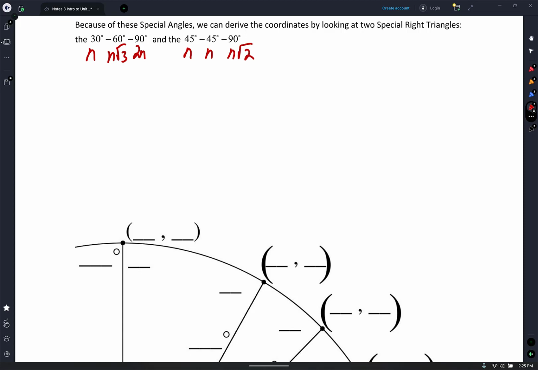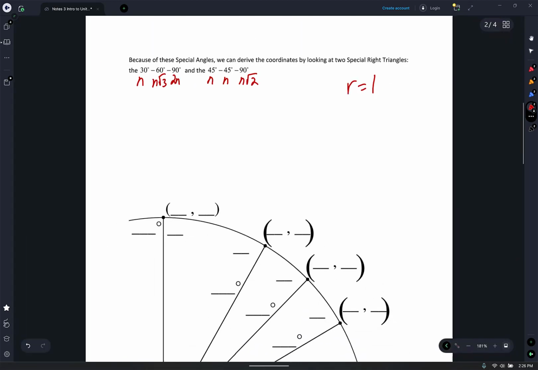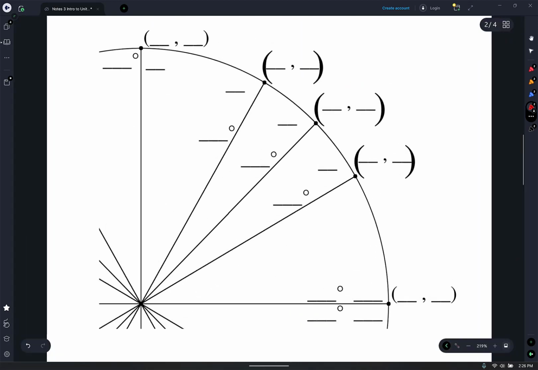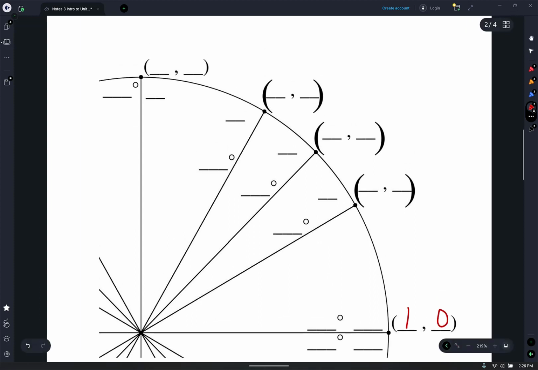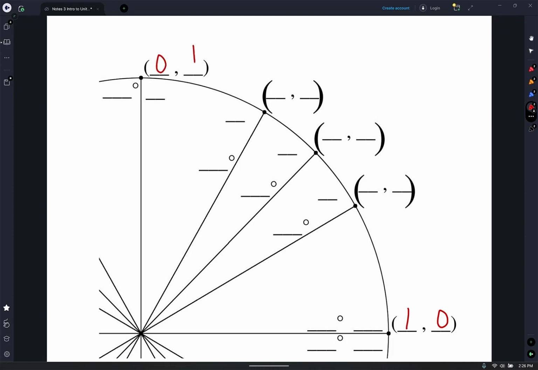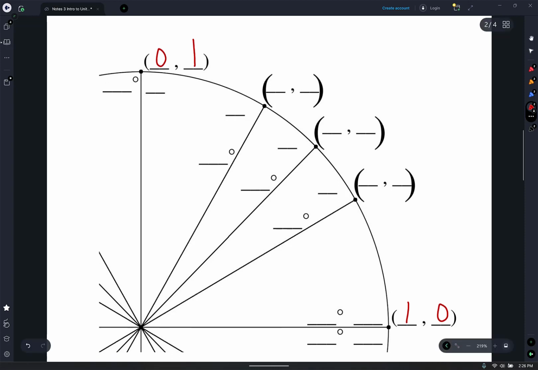Remember in a unit circle that the radius is 1 because it's 1 unit. So if we know that the radius is 1 unit, we can plug in the coordinates that we already know because the radius is 1. So that means this coordinate way over here is (1, 0). And this coordinate up here is (0, 1). Yay or nay? Yay, right?